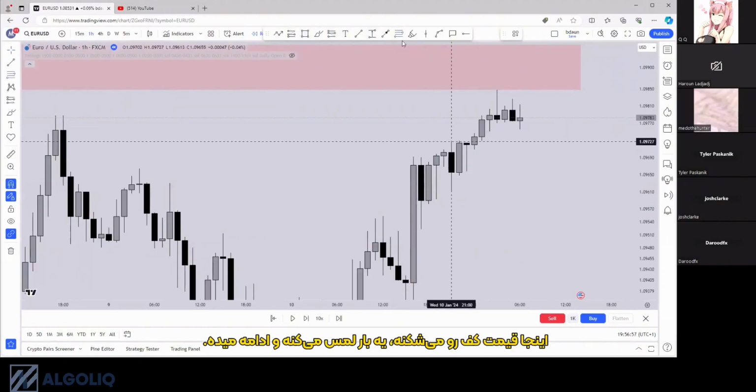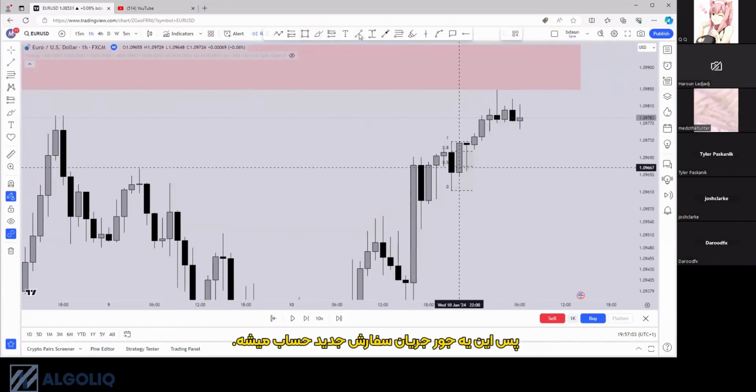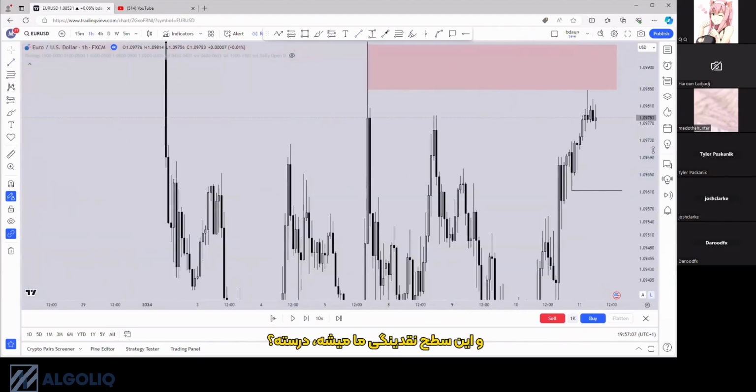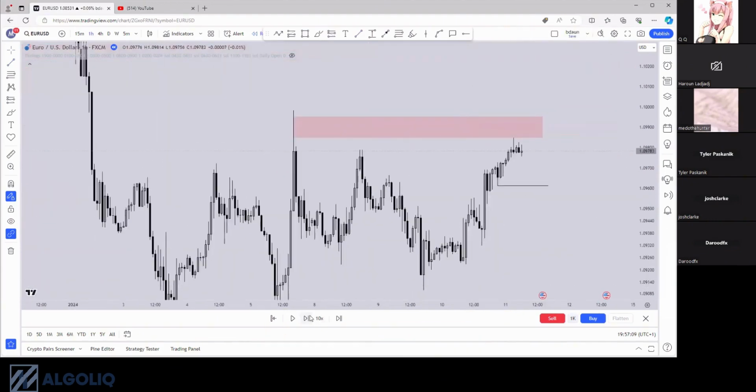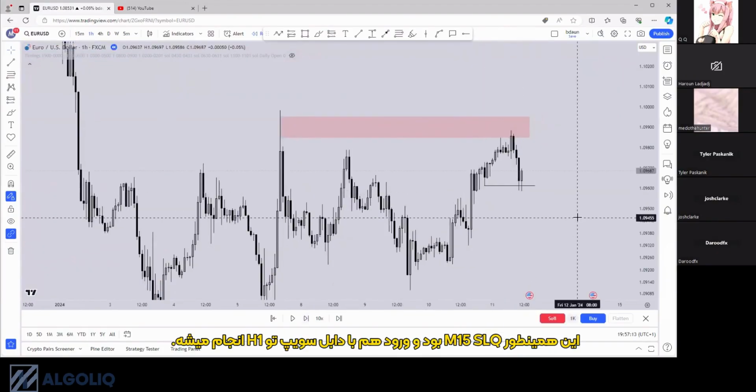So here you have a low, price breaks, taps into the low and continues. So this would be some sort of new order flow. And this would be our liquidity level, right? As then takes it out. This was also M15 SLQ.